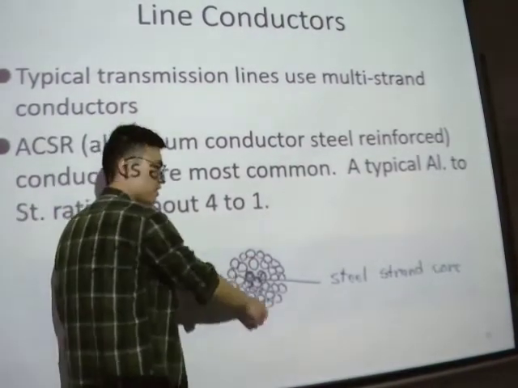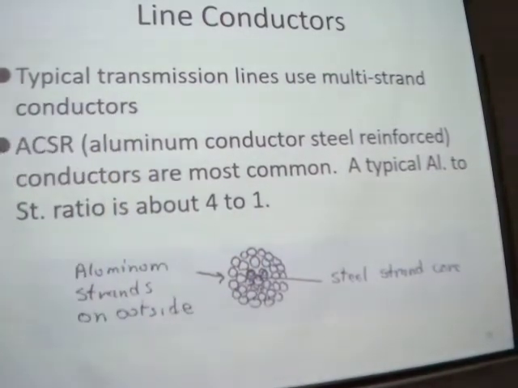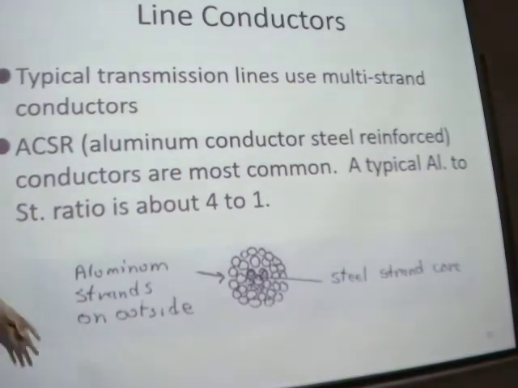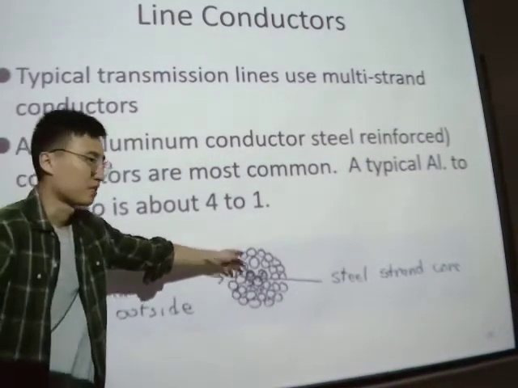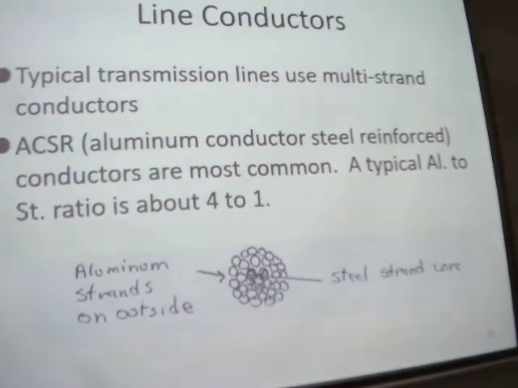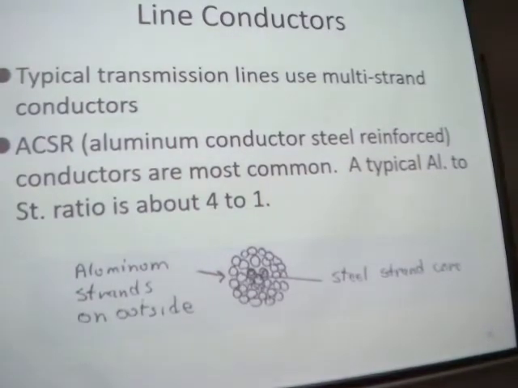So it is one transmission line here. We call it ACSR, aluminum conductor steel reinforced. This is what is really applied in our real world.